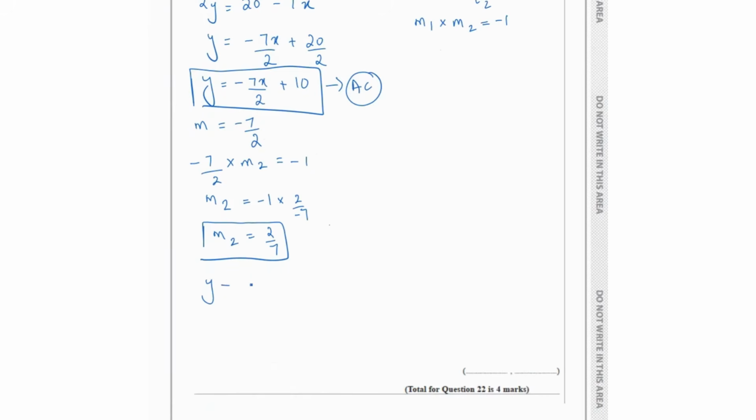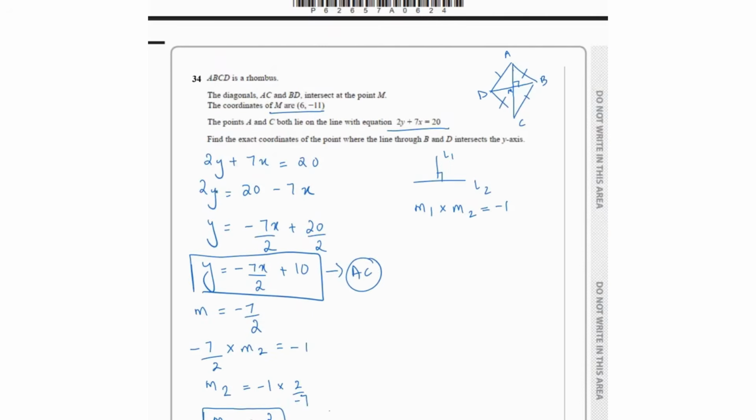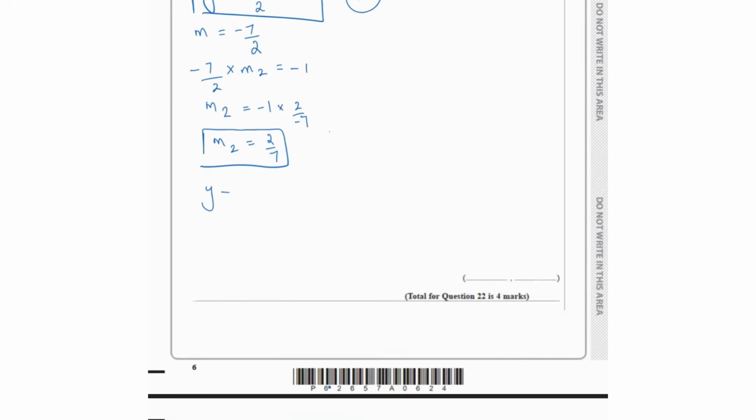So y minus negative 11 equals to 2 over 7 times x minus 6. I'm using the point slope form, which is y minus y1 equals to m times x minus x1. If we want to use slope intercept form, that's also fine. But in this case, since we have a slope and a point, I'm going for point slope form.